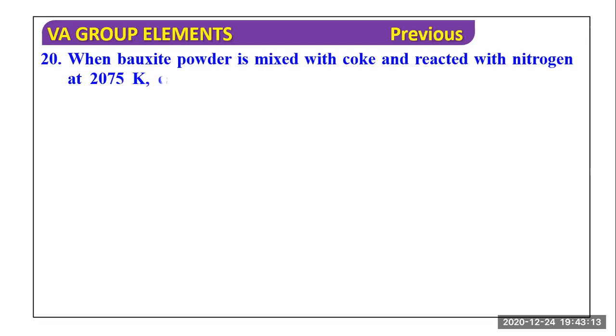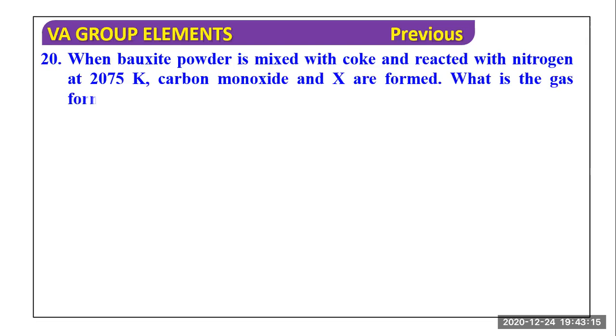When bauxite powder, you know about bauxite, an aluminum containing ore, is mixed with coke and reacted with nitrogen at 2075 Kelvin, carbon monoxide and X are formed.